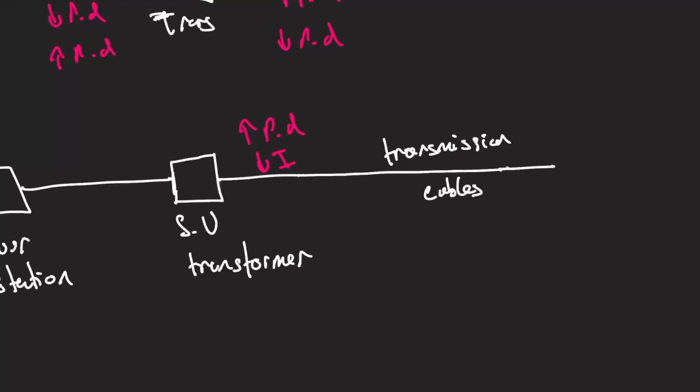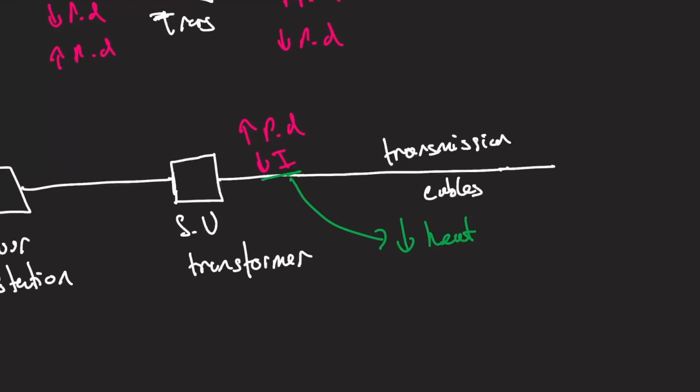If you had a much lower potential difference and a much higher current, you would end up losing a lot of this energy as heat. Because you have this low current, you lose less energy to heat, so there's less energy wasted through the transmission cables. That's the whole reason we have this step up transformer.